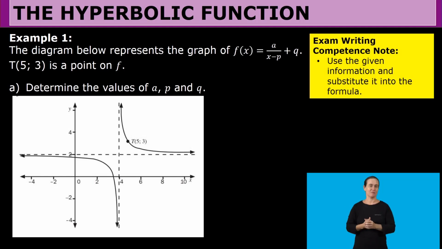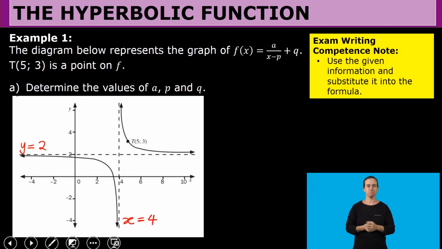Automatically we can see that the vertical asymptote is passing where the x value is equal to 4, and we can see that the horizontal asymptote is passing where the y value is equal to a positive 2. And of course we have one point that is given there, and we know that we are going to need to use that point for us to find the value of a.